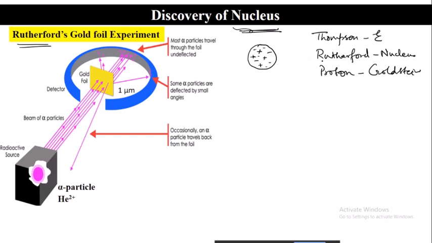So Rutherford did the experiment. He passed the alpha particles, that is the alpha rays. Alpha rays are made up of helium, He2+. So if you pass these alpha rays, which are radioactive rays, through a gold foil, which is so thin, 1 micrometer thin, very thin.